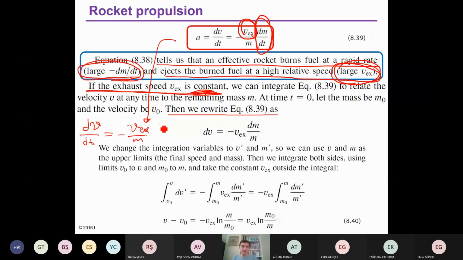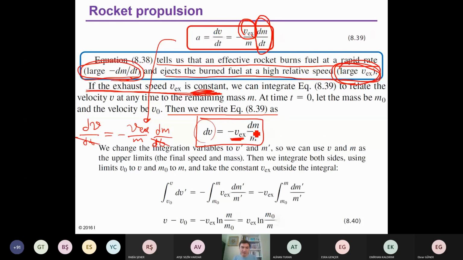Okay, so take this one and this one, then here I have dv is equal to minus Vx times dm over m. So just consider that Vx is constant, and velocity changes, mass changes. These are not constant. So take integral of this side, take integral of this side.